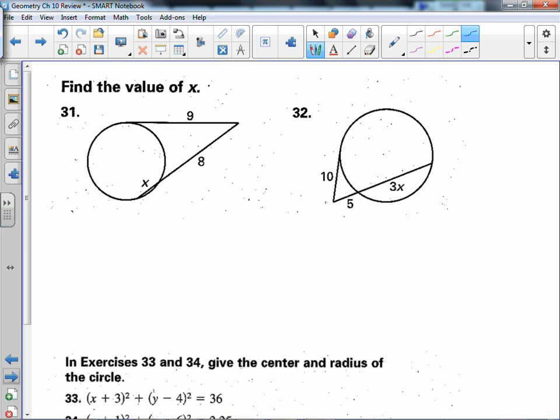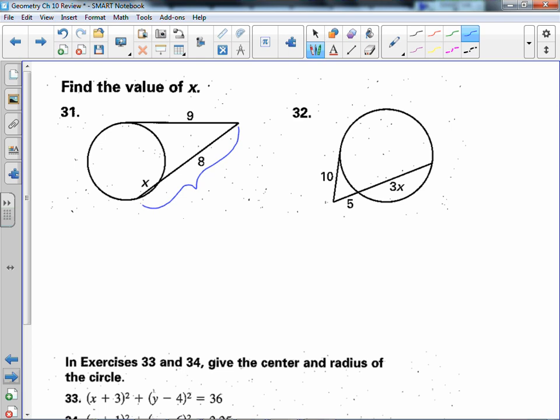All right, so then 31 and 32, we've got a tangent segment and a secant segment that have a shared endpoint outside the circle. So the rule is that the external secant segment times the entire secant segment is going to equal the tangent squared.